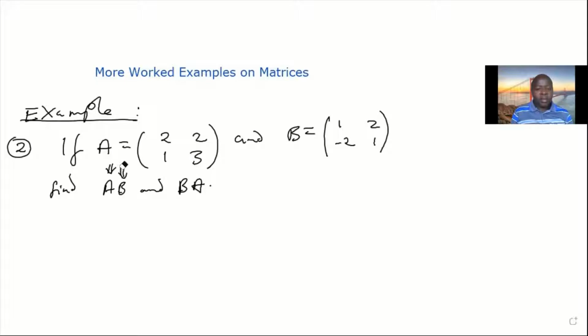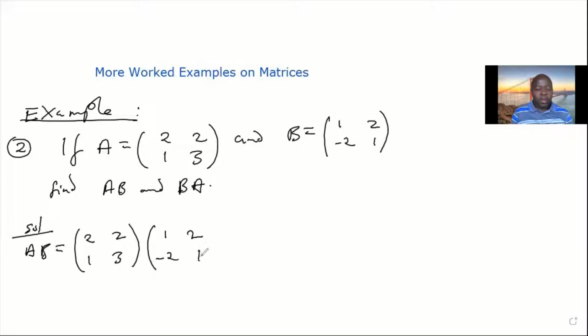But if they are not equal, then we cannot multiply. Now, for our case, we can multiply A and B. So let's just do that. AB will be 2, 2, 1, 3 multiplied by 1, 2, negative 2, 1.